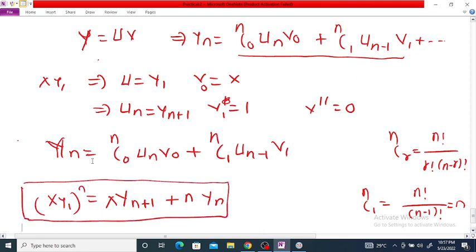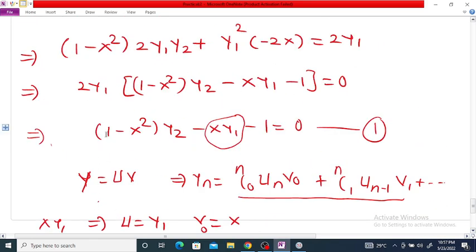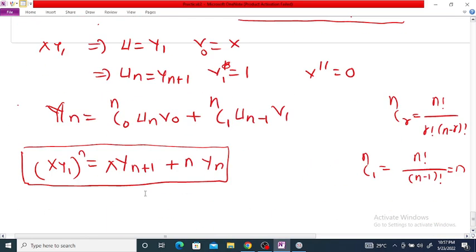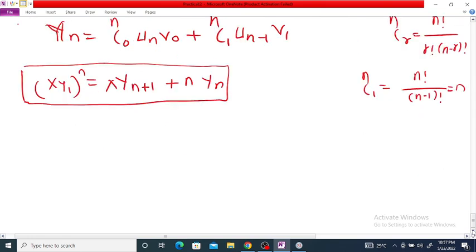Similarly, now we want to determine the nth derivative of (1 minus x square) y2. For (1 minus x square) y2 we select u is equal to y2 and v is equal to v0, equal to 1 minus x square.